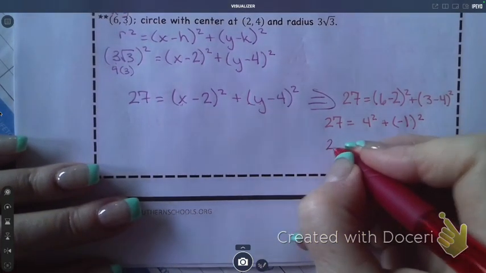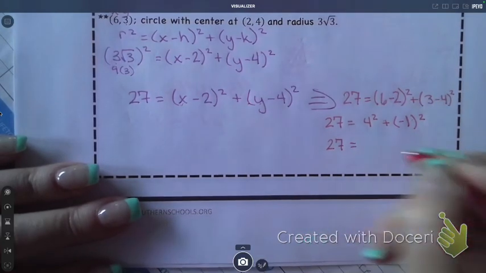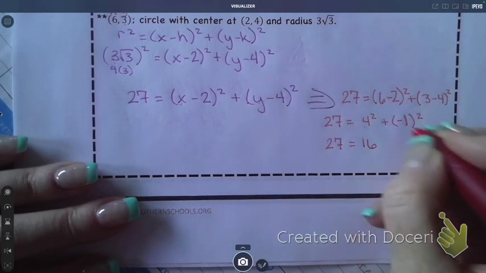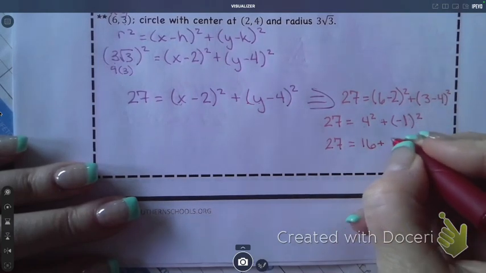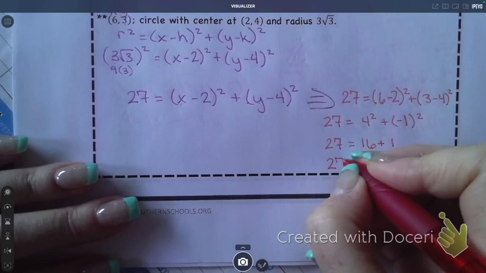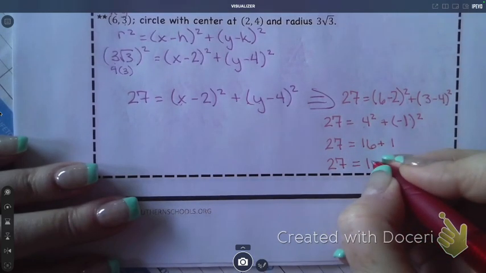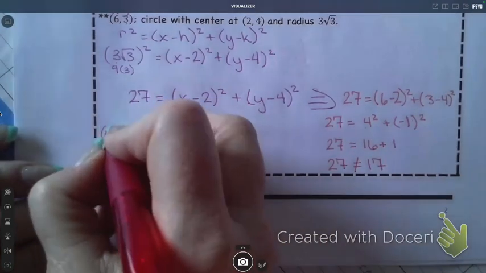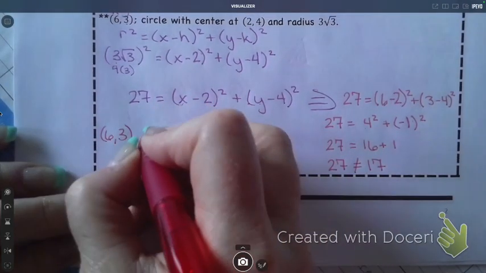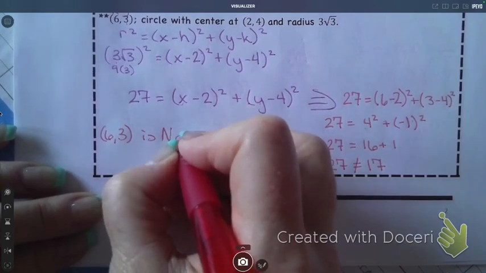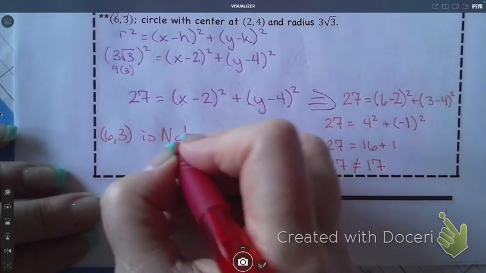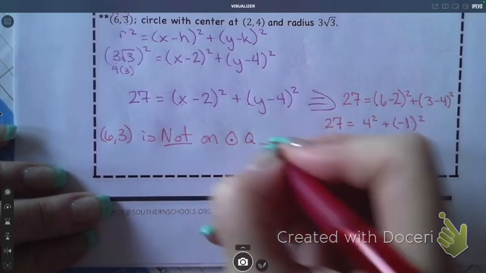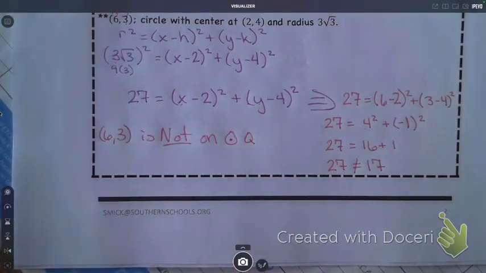Okay, so hopefully you can already tell me no, right? So 4 squared is 16. Negative 1 squared is 1. So 27 equals 17. Nope. So 6 comma 3 is not on circle Q.